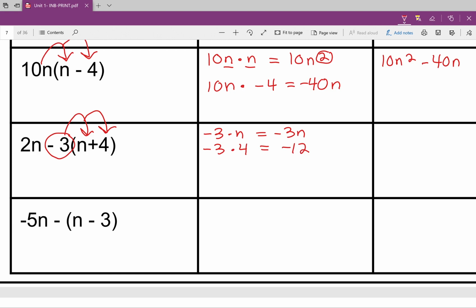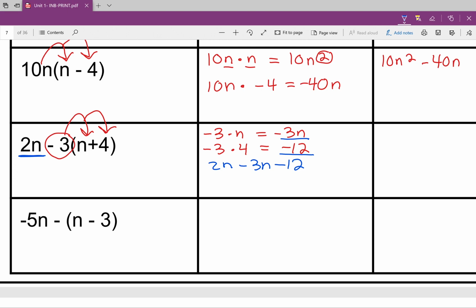Notice I still have a 2 in there. So let me change my colors. Let me make it maybe blue. So this 2n is just going to be brought down into my equation. So I had 2n minus 3n from here minus 12.